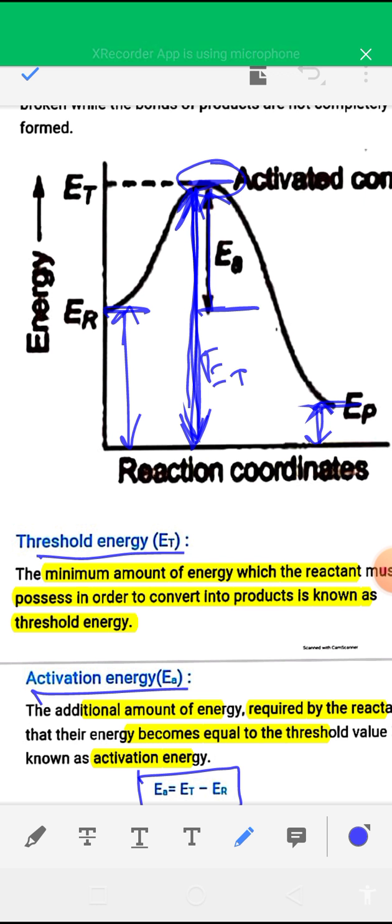To convert the reactant into product, first reactant molecules have to cross this energy barrier, then reactant will be converted into product. This extra energy the reactant molecule has to gain during this chemical reaction is known as activation energy.